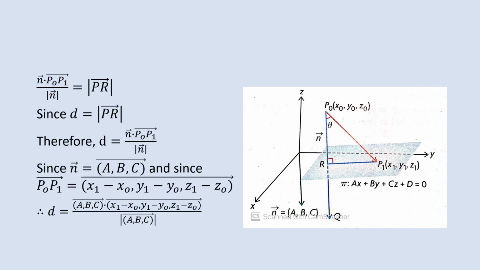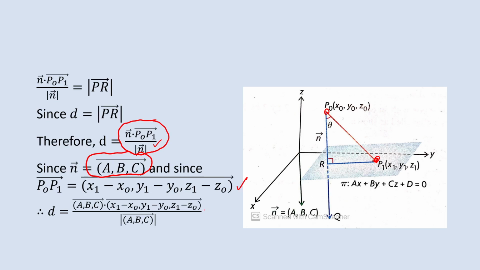So what that means is the distance that we're looking for is actually equal to the normal vector dotted with the vector P naught P1, over the magnitude of the normal vector. P naught is this point, and P1 is another point known to be on the plane. We know that the normal vector is ABC, and since we know the coordinates of point P naught and point P1, we therefore know the coordinates of the vector P naught P1.